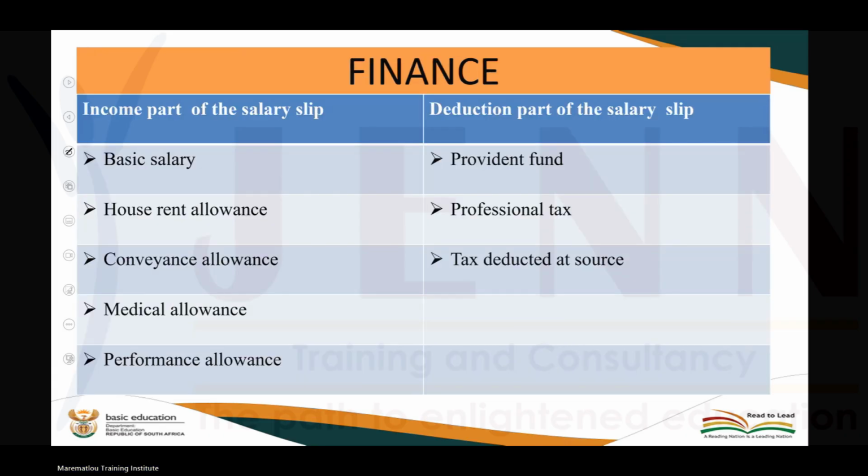Now we come to the part still under finance. Here, they are trying to break down what you find in a salary slip. Inside a salary slip, we have a basic salary.